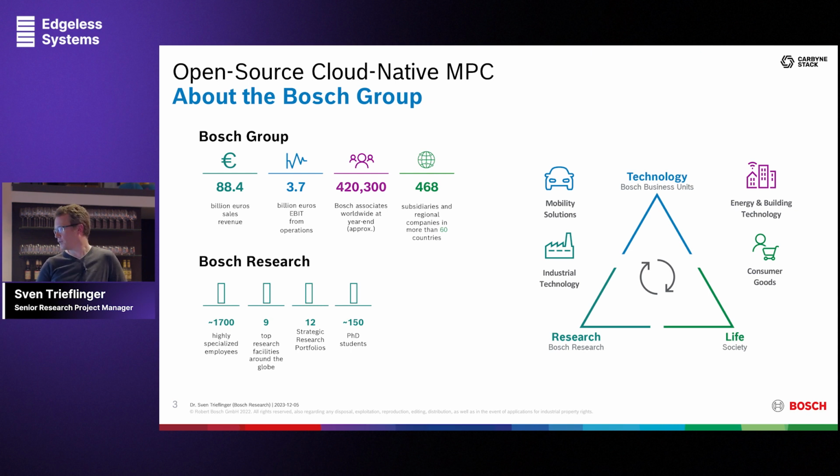And that's the reason why we are looking into privacy enhancing technologies. I'm specifically working for Bosch Research. We are headquartered near Stuttgart in the south of Germany. We are roughly 1,700 people looking into various topics in all these different domains that you can see here on the right, and I'm specifically working in the ICT domain.